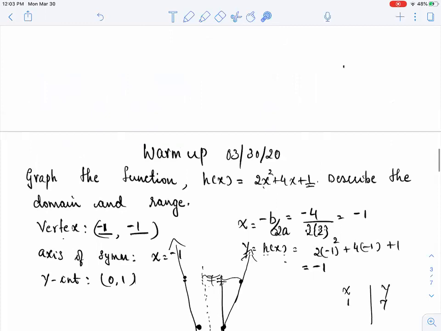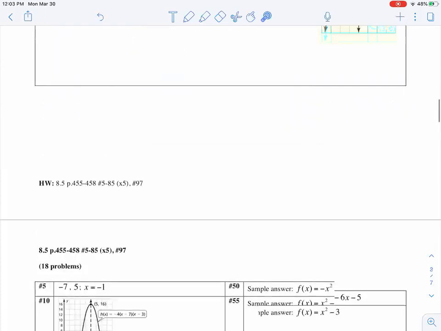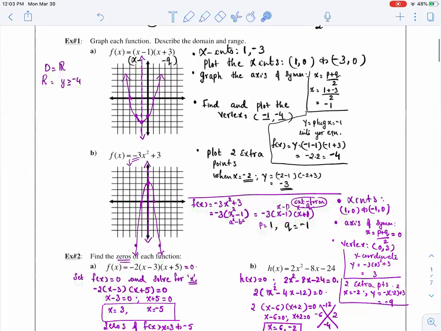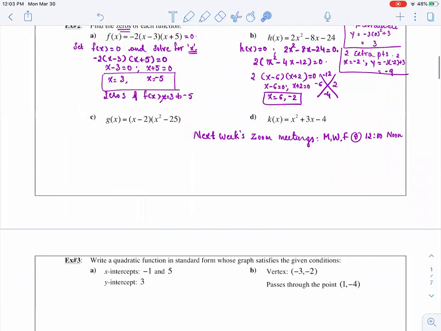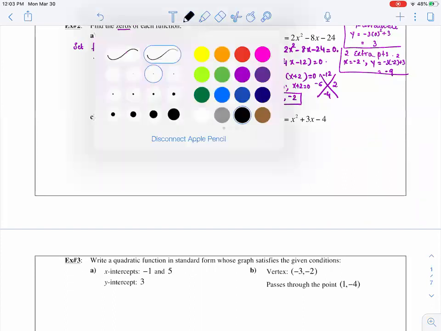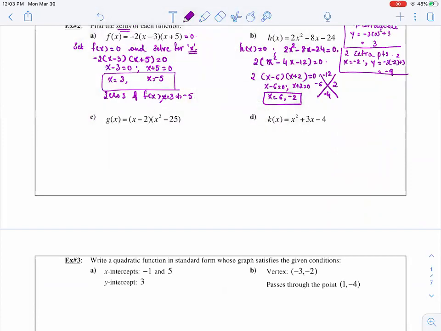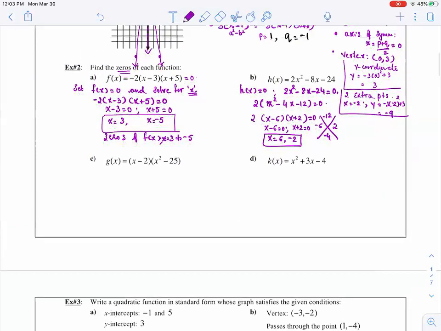All right. So remember we started 8.5 and we left it halfway. So this is where we are. I'm going to start off from there for today. You may want to look at the previous two examples.